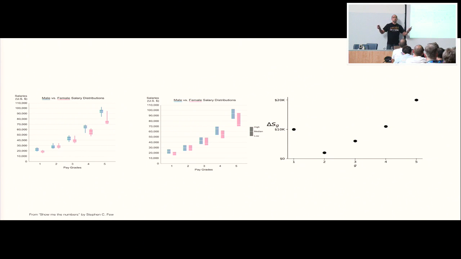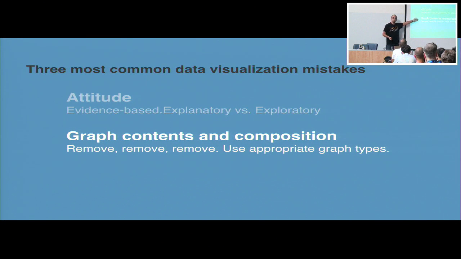So you need to select the form of the graph that you provide and the composition of this graph. And this is the second problem. Many graphs are rich in useless information, and many of them use inappropriate graph types. I mean, sometimes a graph type is appropriate for you, but not for your audience. And when you switch the audience, you should reconsider the type of the graph that you are using.